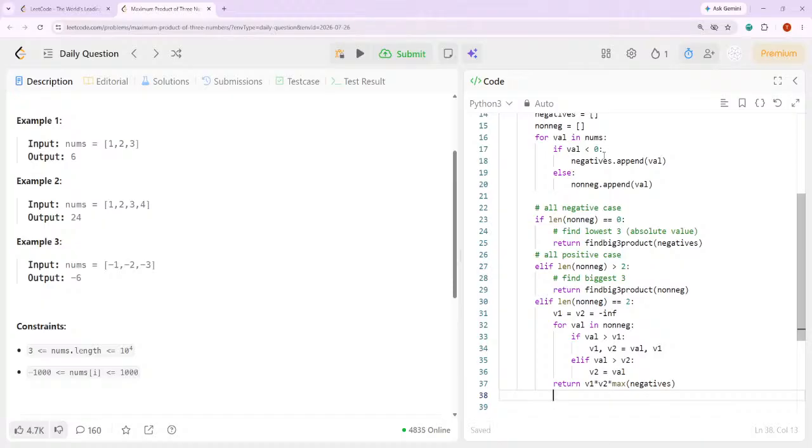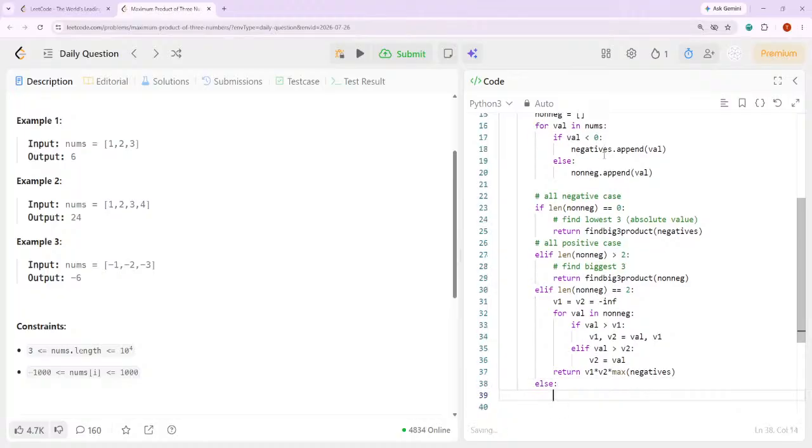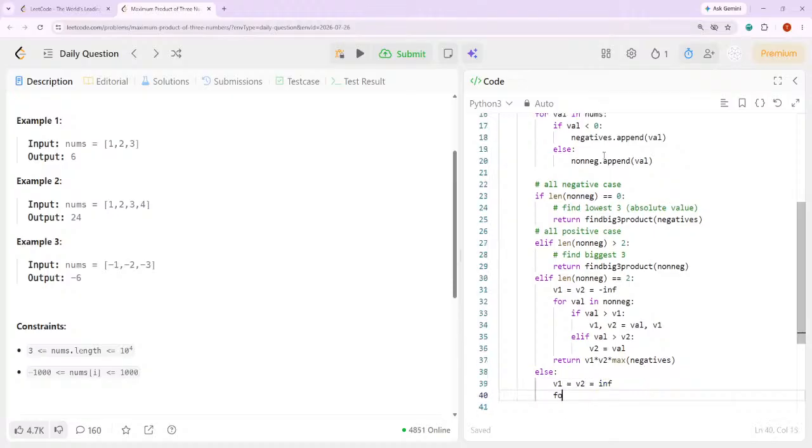And then the other case is if there's only one positive, then I need to multiply it with the smallest two negatives. The most negative two negatives, and the highest positive, the single positive. So for every, let's say V1 and V2 are actually going to be infinity, for value in negatives.